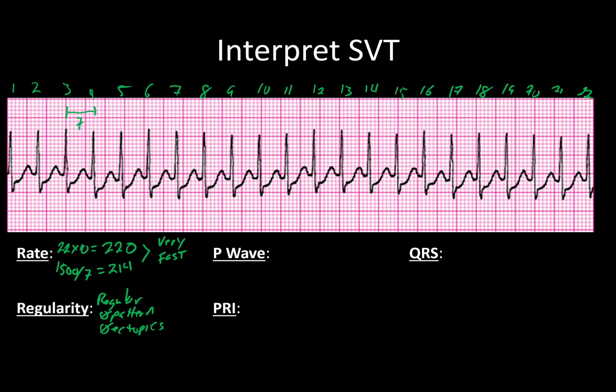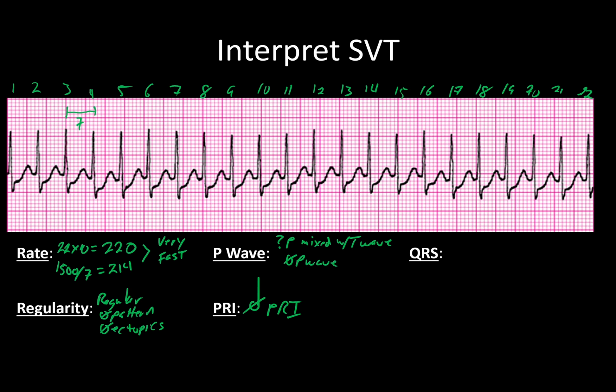If they do exist, they are mixed with the T waves. And because all of them are uniform, there's no way to tell how much of that is T wave, how much of it is P wave. So they just don't exist for all we know. And so because of that, there is no PRI. Let's go ahead and say no P wave here.